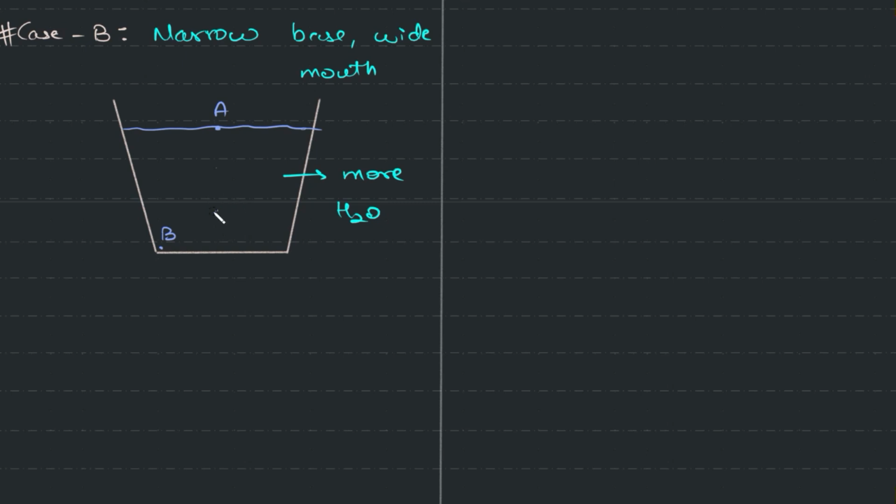So if you would ask me when I was a kid, I would have said, yeah, in this case the pressure will be more, but it's not the case. Even though the water is more over here, let's look at the side wall. The side wall slopes in this manner, and we know that the force exerted by the fluid will be in this manner.